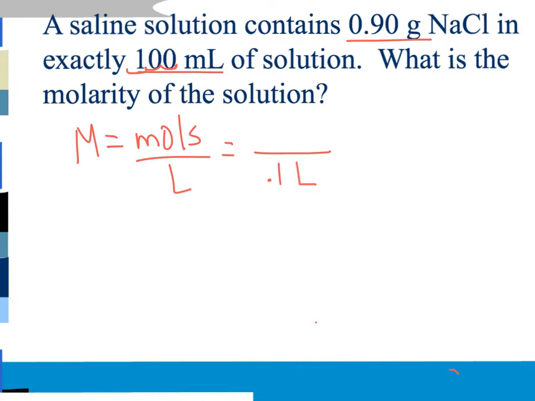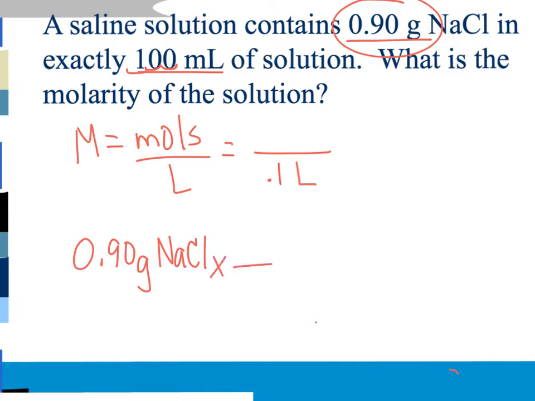liters for the volume. But notice that it gives us grams and not moles, so we have to convert the grams into moles. We use the periodic table to find the molar mass of sodium chloride. Remember, if we start off with grams, then we want grams on the bottom of the next step, and the moles go on top.